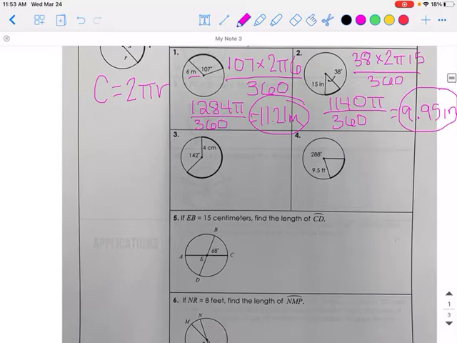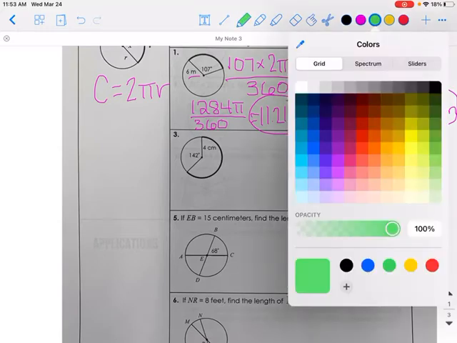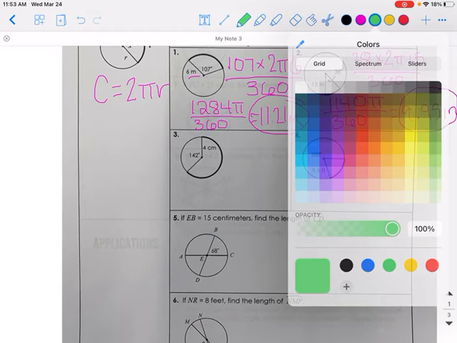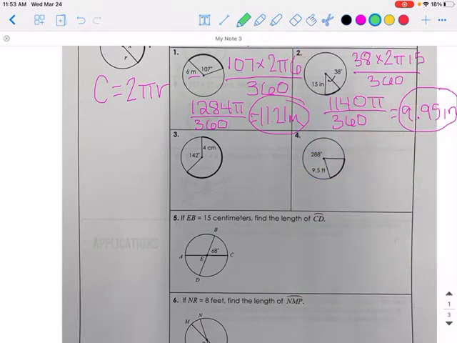So every time we write this out, I hope you've noticed some things never change. So I'm going to be using 2 colors here. The times 2 pi all over 360 always stays there.